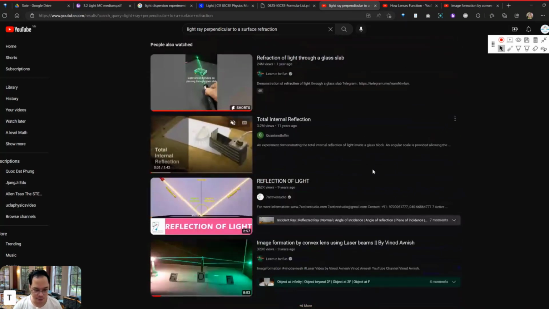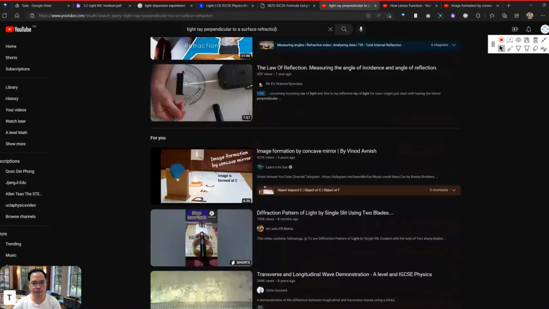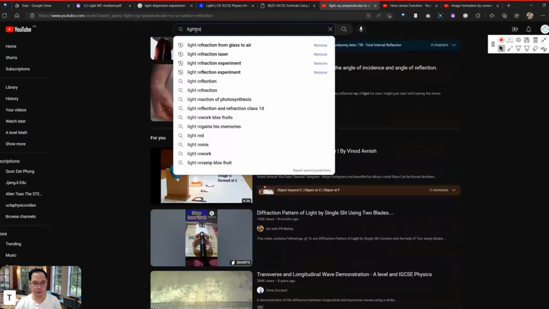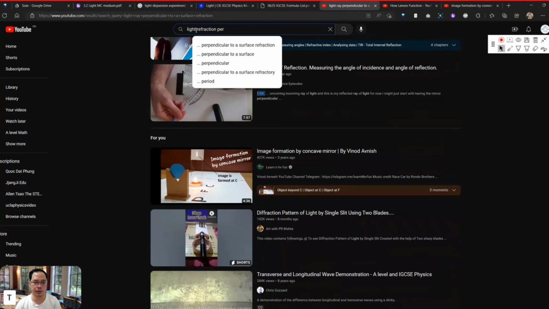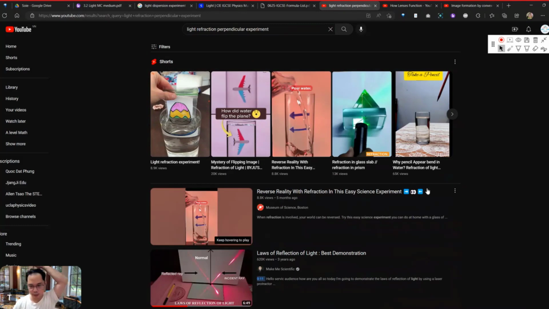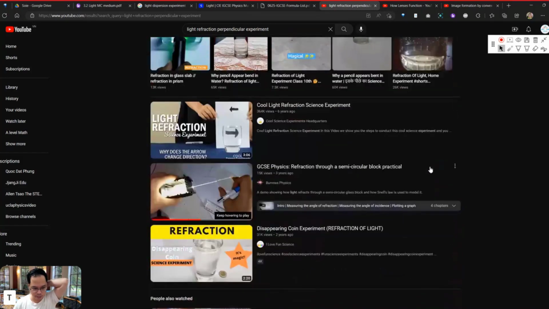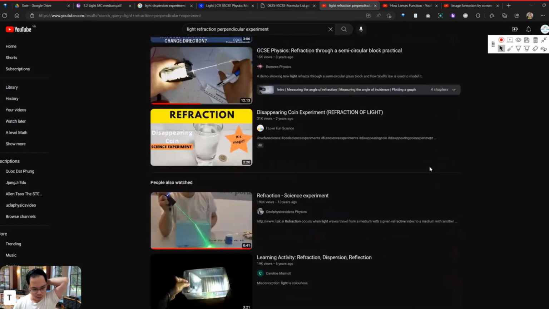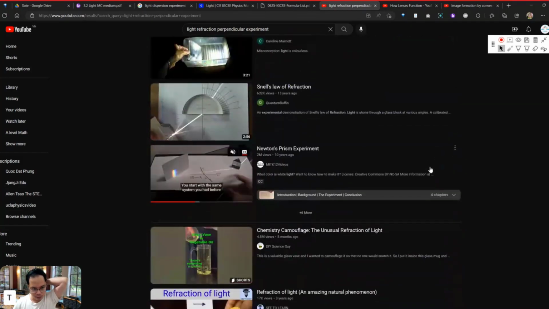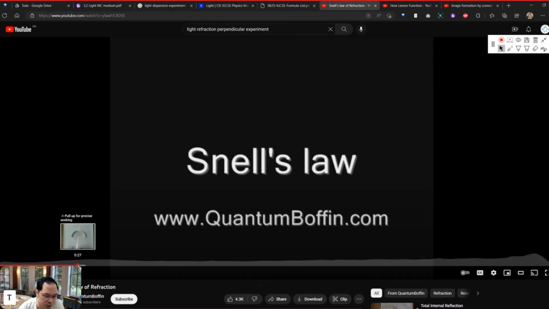Laser perpendicular. Light refraction. Perpendicular. Experiment. Refraction in glass prism. Okay, hopefully this one can show that thing.